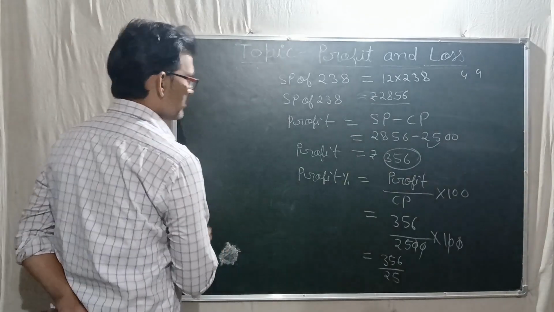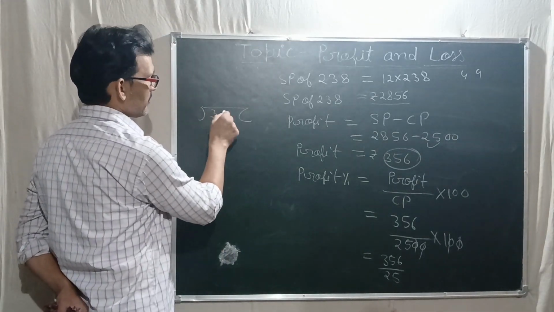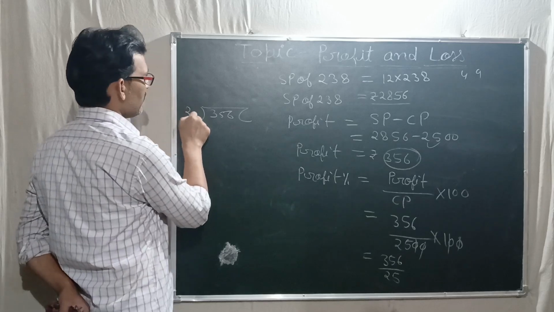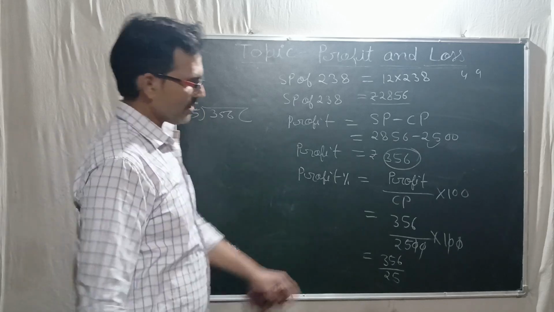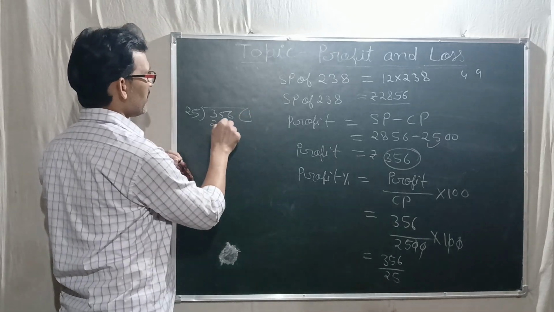Now we will divide 356 by 25 because they will not cancel out each other. 25 times 1 is 25.